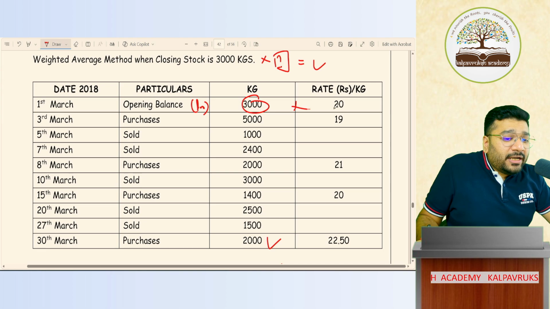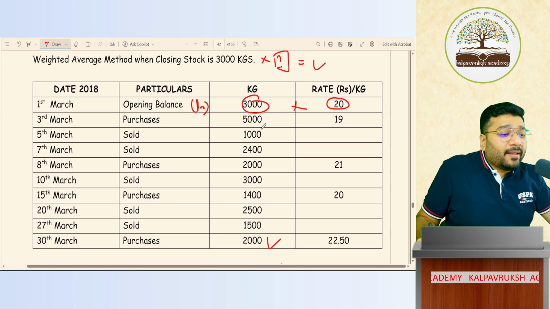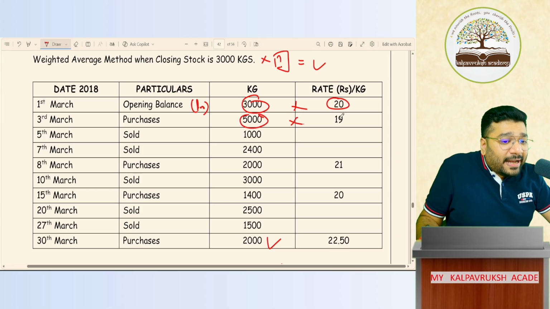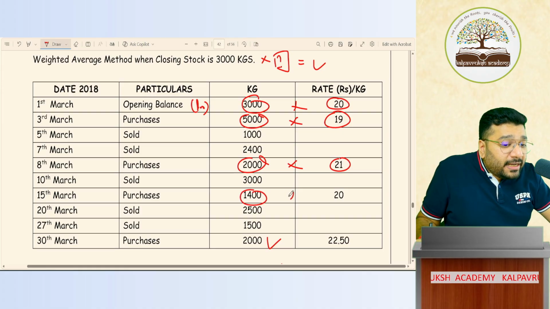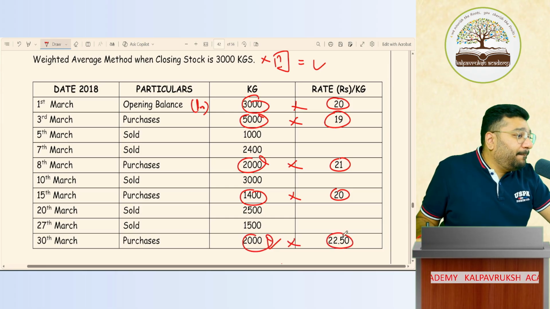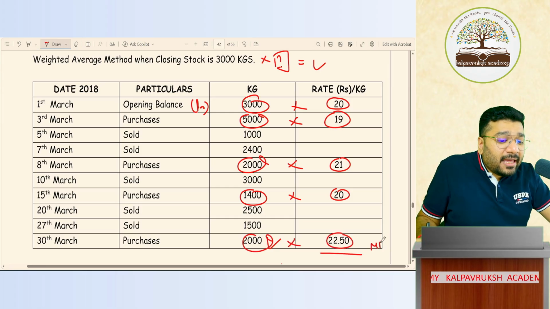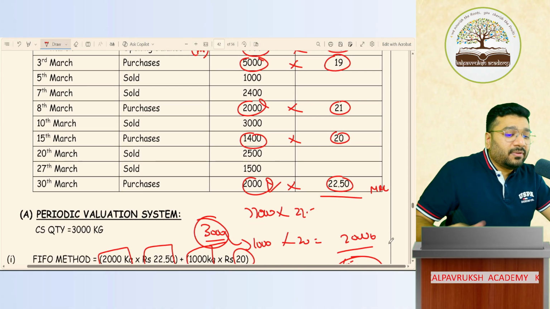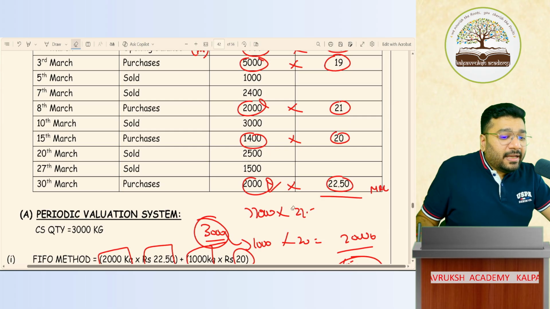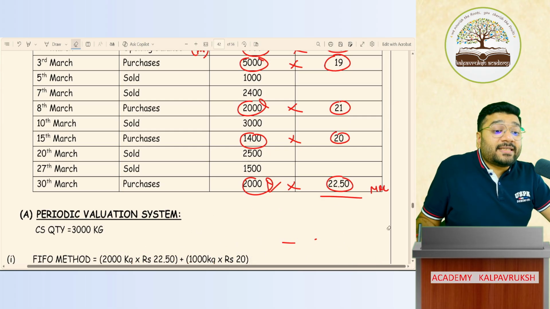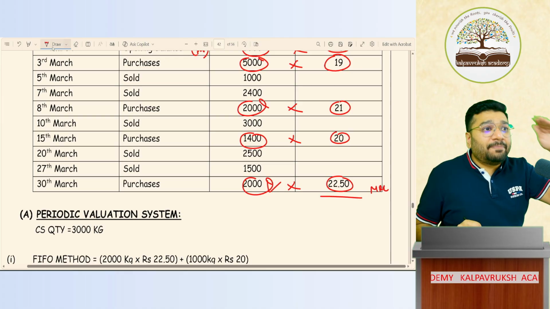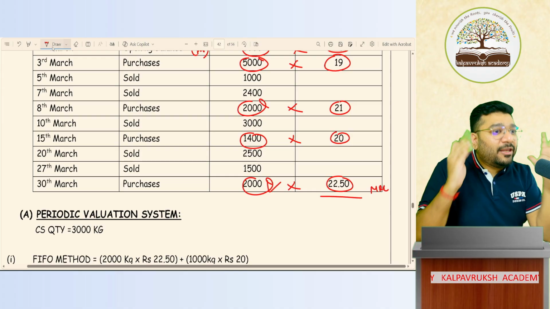3000 into 20 plus 5000 into 19 plus 2000 into 21 plus 1400 into 20 plus 2000 into 22.5, plus then MRC. You will get the total purchase cost, the value of the opening balance purchase plus all other purchases.